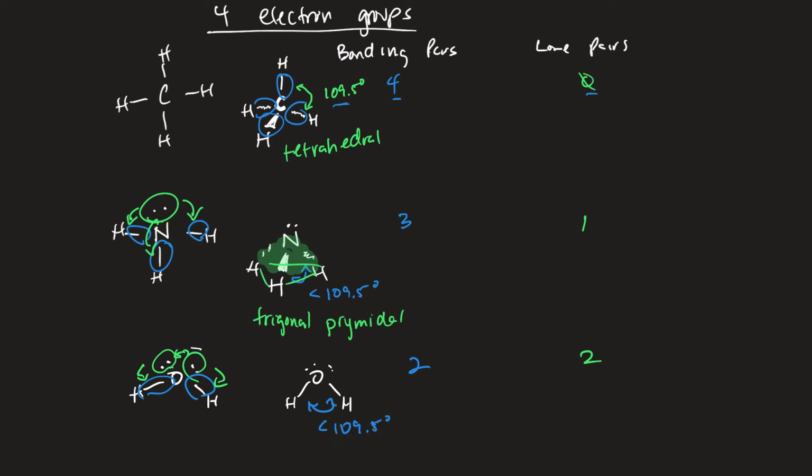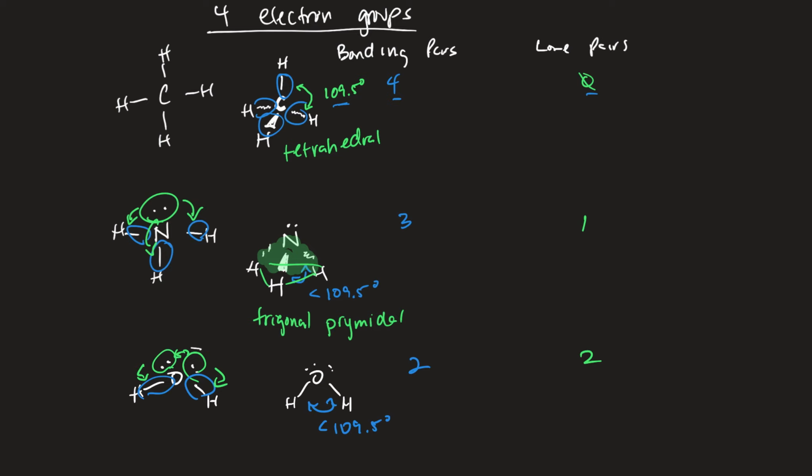We know that for sure. I think for water's case, it's closer to like 103, 104 degrees. But generally speaking, all molecules that typically have these 2 bonding pairs and 2 lone pairs, you could rightly say the bond angle is going to be less than 109.5 degrees.